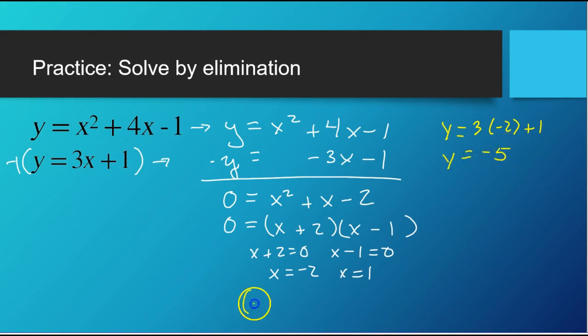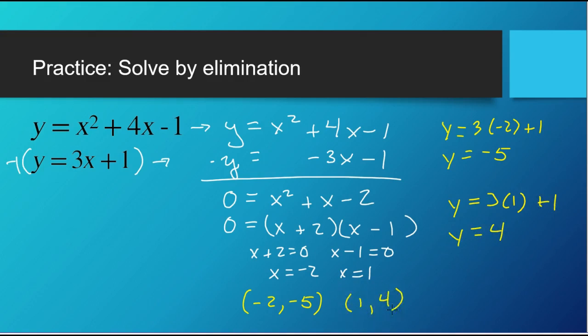So I've got this one solution of when x is -2, y is -5. And then I'll substitute in my other x value. Y equals 3 times 1 plus 1, which is 3 plus 1, which is 4. So when x is 1, y is 4.